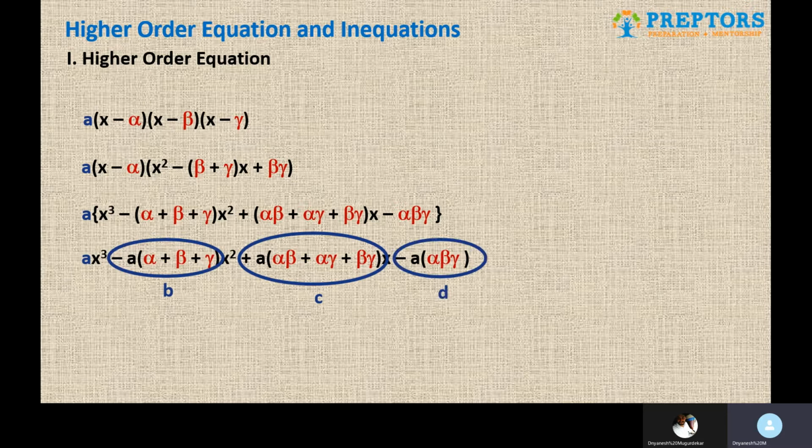Just to explain this entire process in a quick go, we have taken the factorized form of the cubic equation, as you can see, and we have started multiplying each of the terms with each other, and eventually after these 3 steps of simplification, this is what we end up getting.